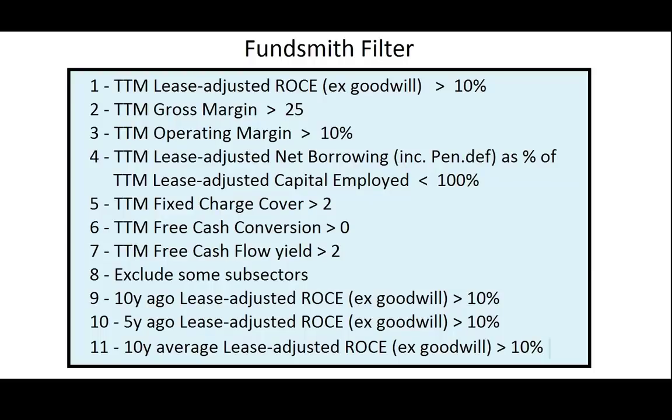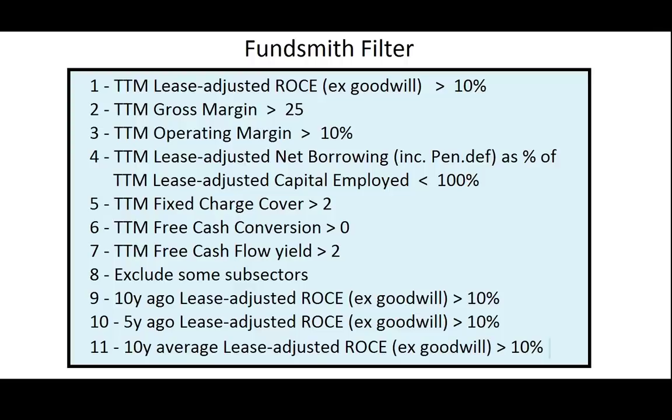It's made up of 11 separate criteria. So we're looking for things like good ROC, gross margin, operating margin, so good profits. We want to make sure that the borrowings and interest payments aren't too high, and that the company is producing good cash flow.